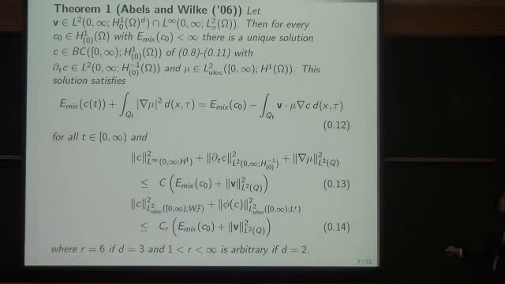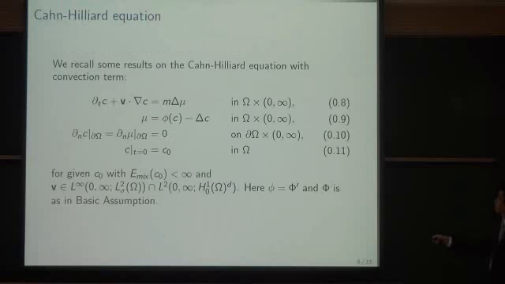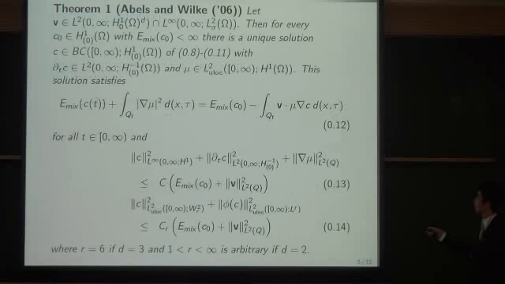And here r is 6 if d equals 3, and r is in this range if d equals 2. So this result can be proven by using the maximal monotone method, and since there is some perturbation term here, one should consider a suitable perturbation theory of maximal monotone operators. And this is done by Abels and Wilke.